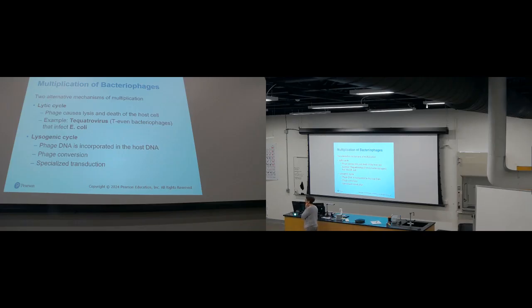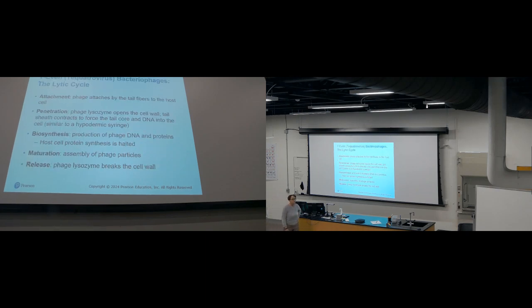So these will be forming what is called a provirus. And this can happen by lacking of nutrients by the host cells. So sometimes that can lead to some outcomes like what we call phage conversion or specialized transduction.